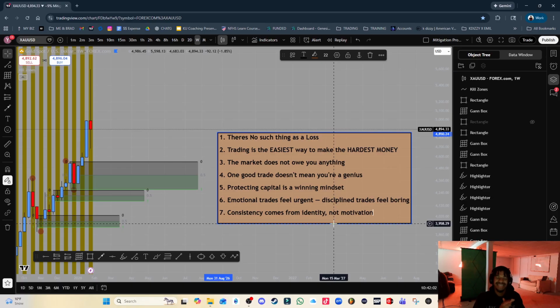Number 7, consistency comes from identity, not motivation. So don't just be motivated to be consistent. Make consistency a part of your real life. You know what I mean? You're trying to be the trader that you're trying to be in the future, a full-time trader. And what would a full-time trader do?